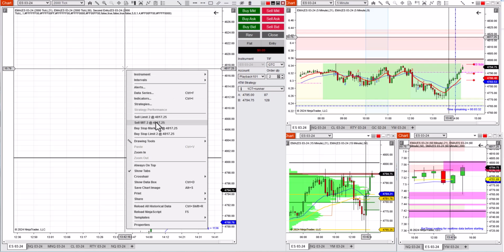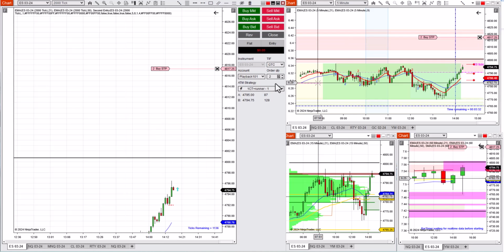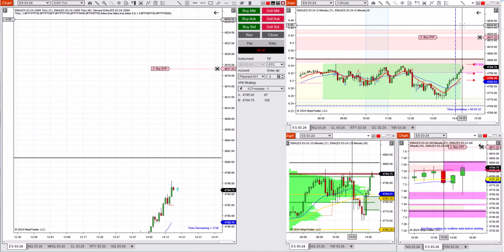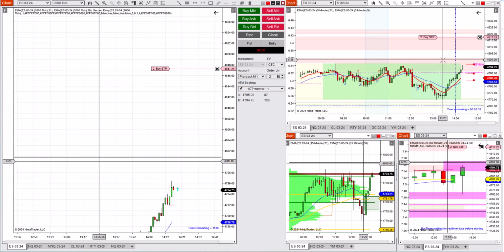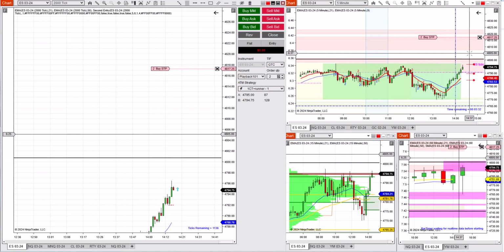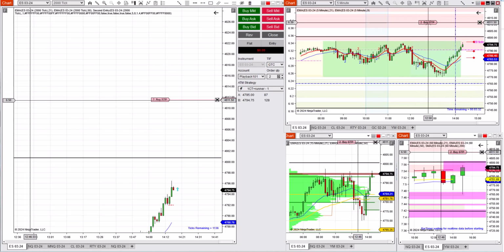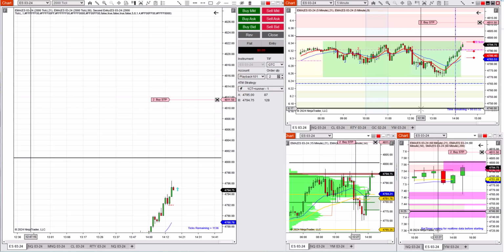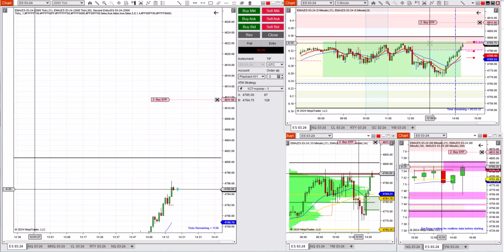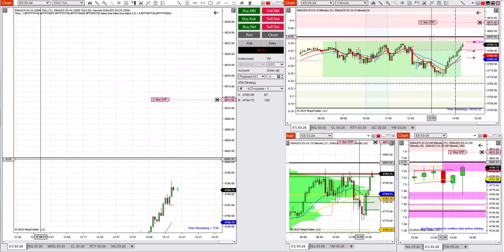So we're gonna prep our order and wait. We put it way above because we're not ready to take the trade yet, right? This is the black line that we marked on our daily chart. This black line below is the low of the previous day. This black line above is the high of the previous day.